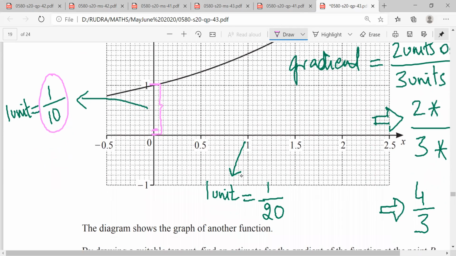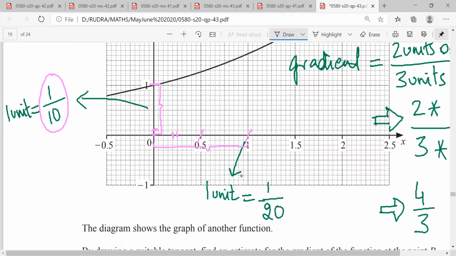But if you see the x-axis, then each block on the x-axis, 1 unit has been divided into 20 parts. 10 parts till here and 20 parts till here.